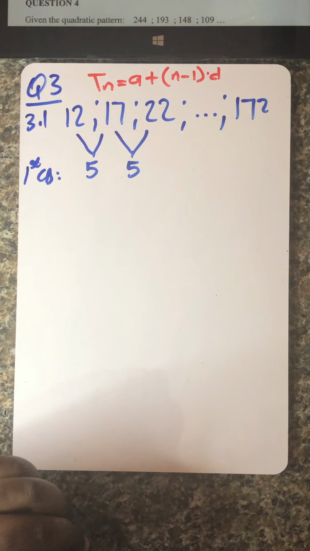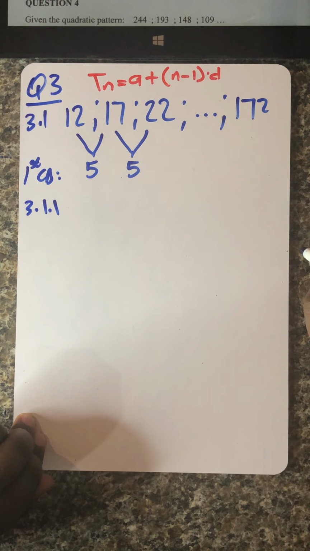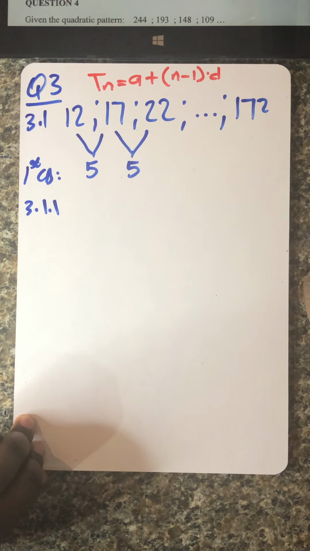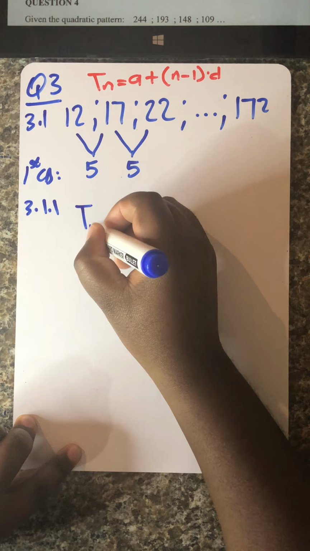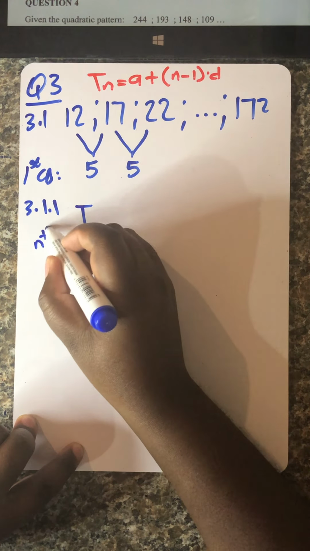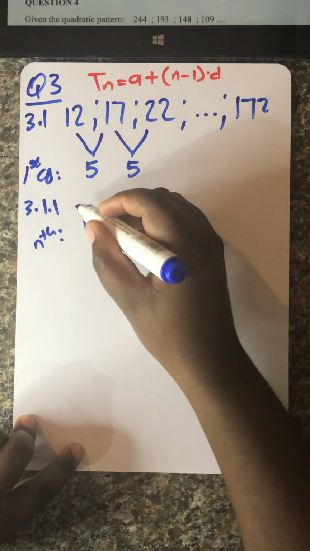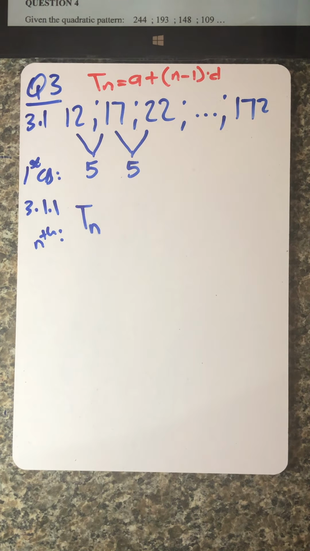So, ladies and gentlemen, 3.1.1 says determine a formula for the nth term of the pattern. So they want us to calculate a formula for the nth term. The nth term, guys, is Tn. I've just explained that the nth term is Tn.